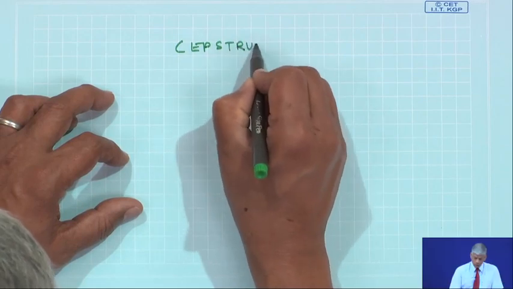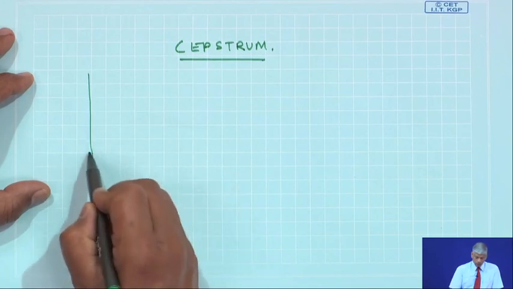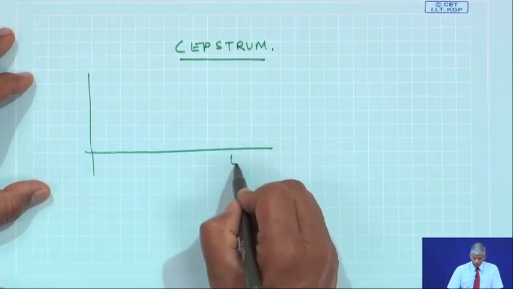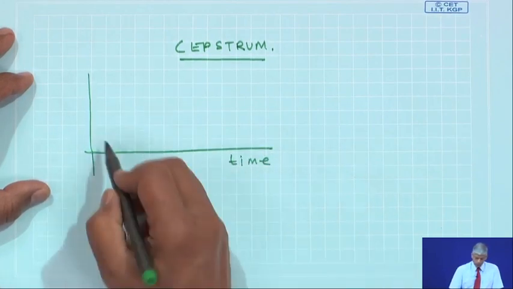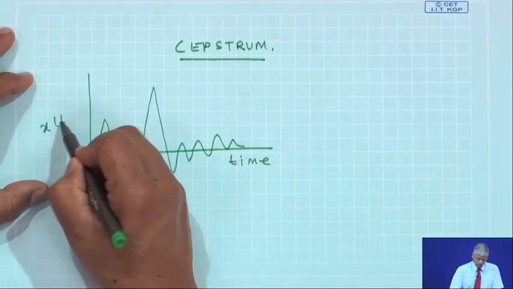Now, what happens? Let me tell you this. Suppose I have a signal in the time domain, some signal x t.